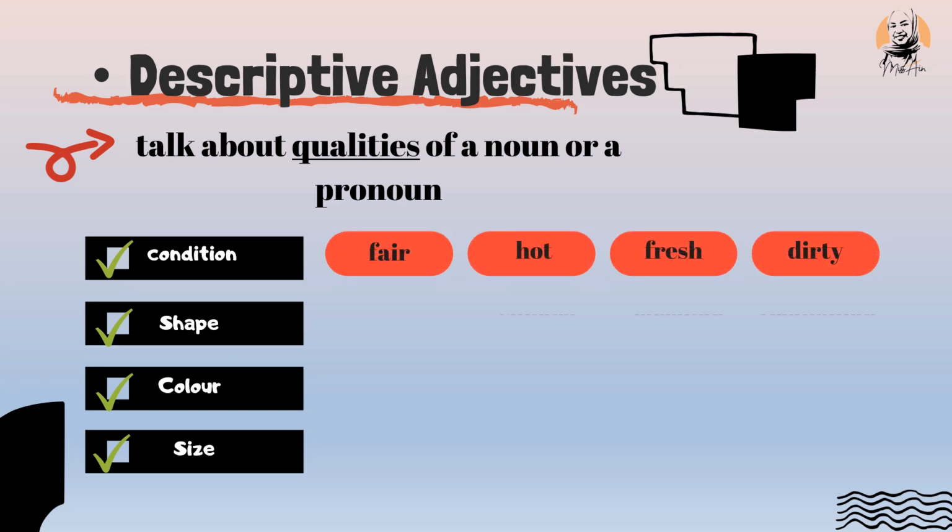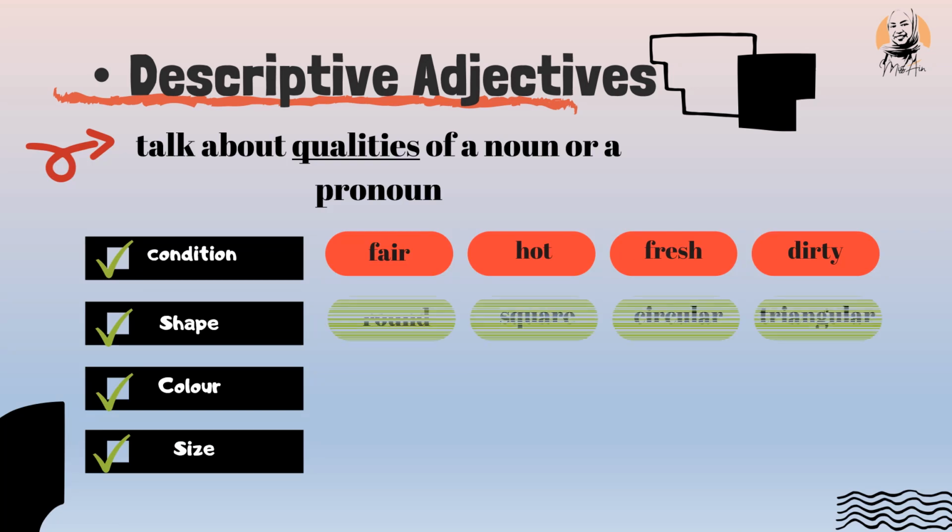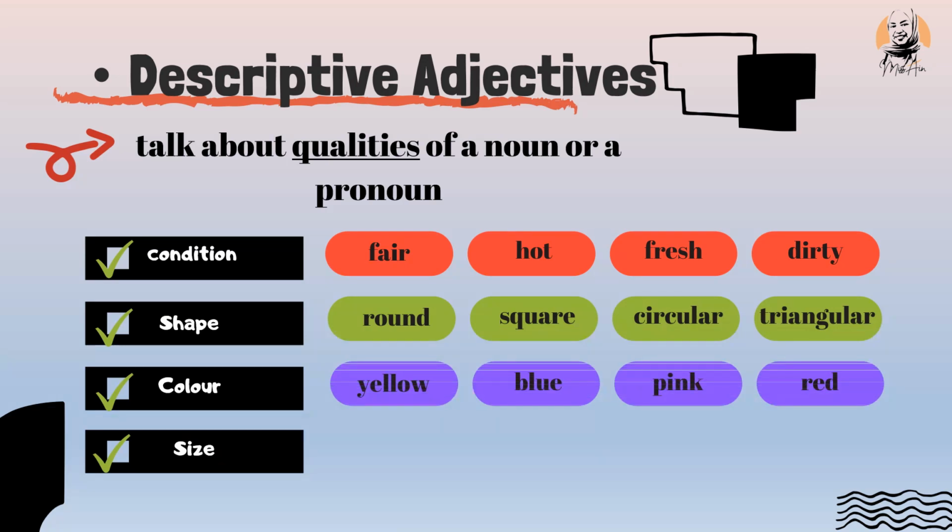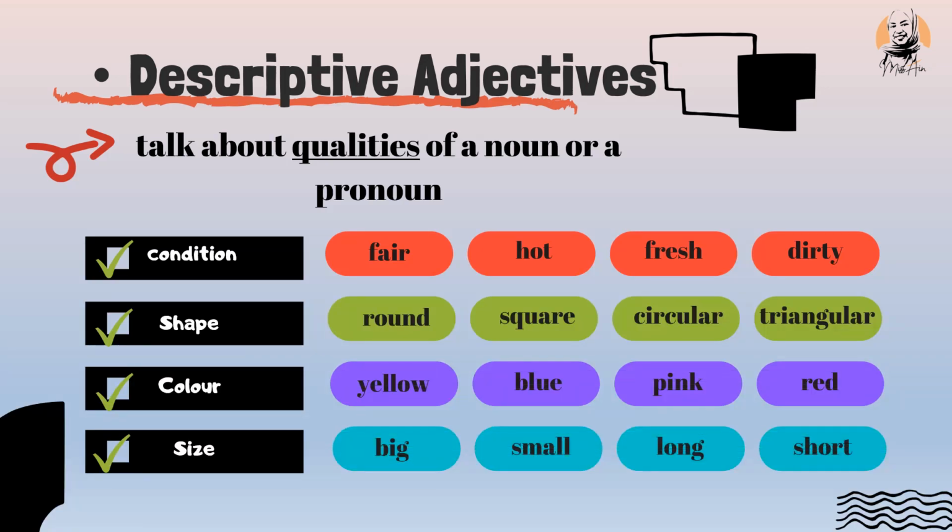For example, for condition, fair, hot, fresh, dirty. Okay, and then for shape, round, square, circular, triangular. What about colors? Yellow, blue, pink, red. And there are many other colors. And size, big, small, long, short. Okay, there are others you can add later on.